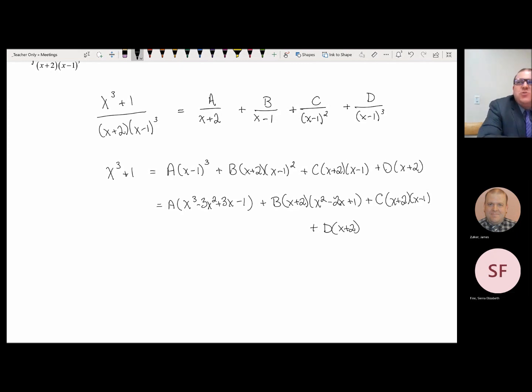So I was just expanding out the cubic and the quadratic. Now it really just boils down to how good you are at doing this in your head, because if you're not comfortable, then you're going to have to foil.